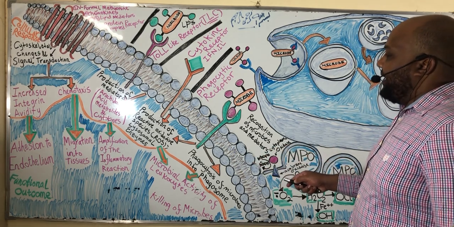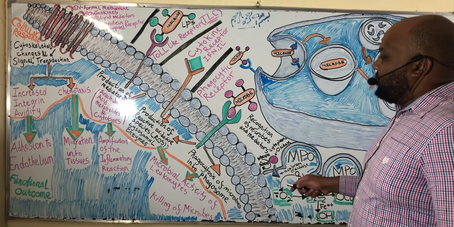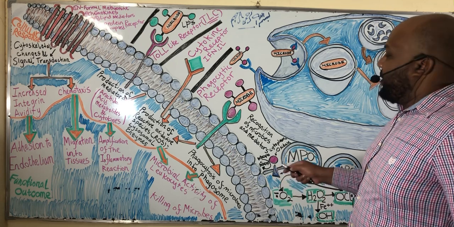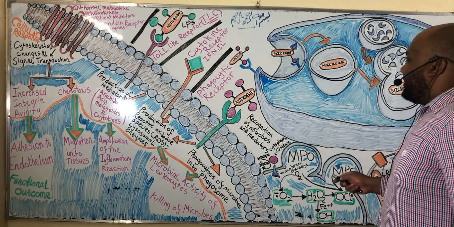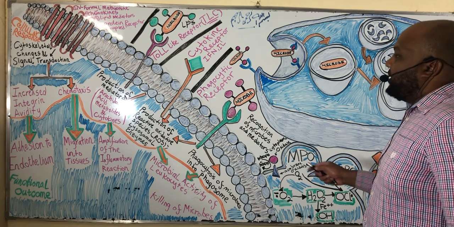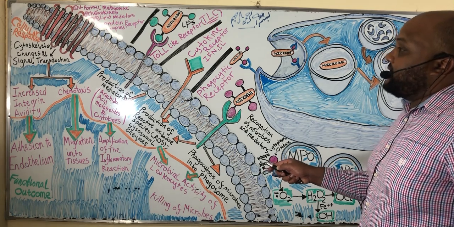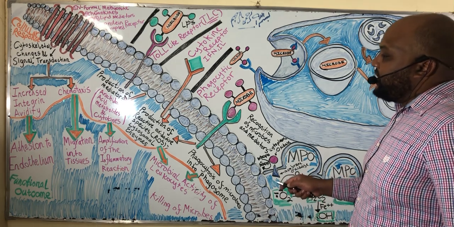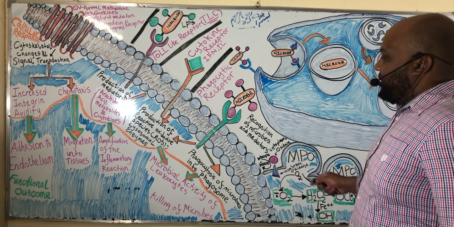And then in the end, after this orange line, we have a functional outcome. So we have our recognition of the microbe and the mediator. That's the first step, extracellularly. Intracellularly, we have a cellular response, and the last step is the functional outcome that is unique to each receptor.